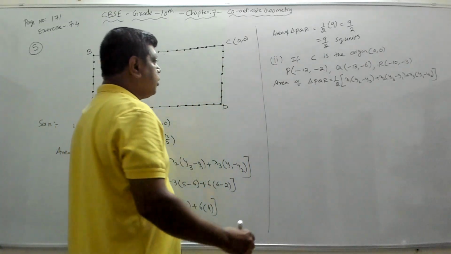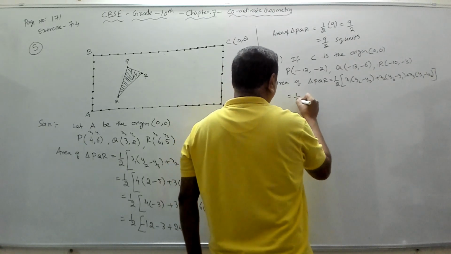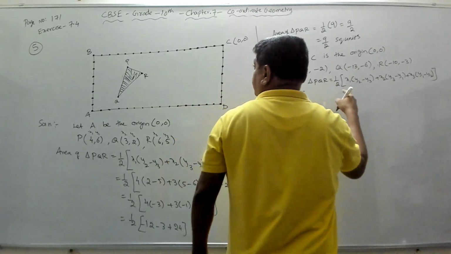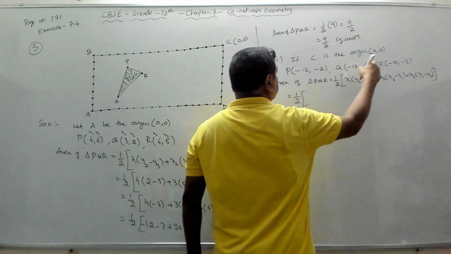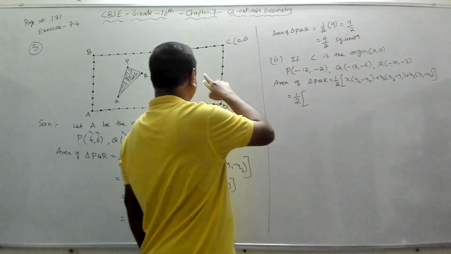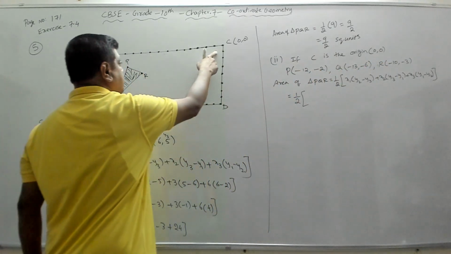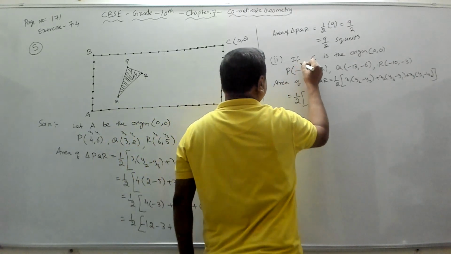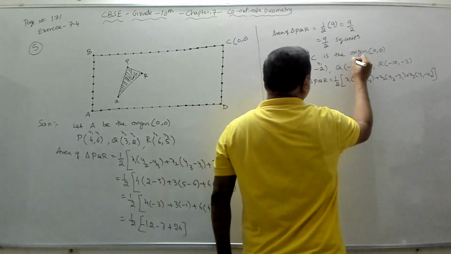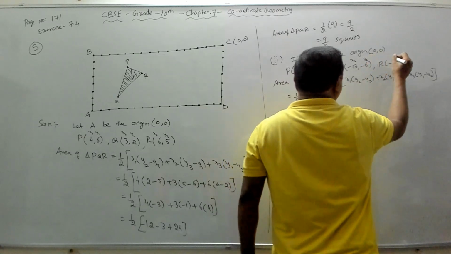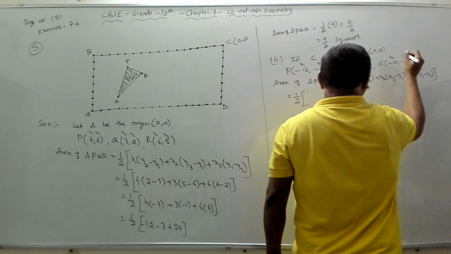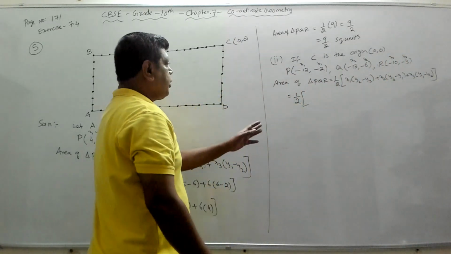These are the three vertices of triangle PQR if we consider C as the origin. So we take these as x1, y1, x2, y2, x3, y3.